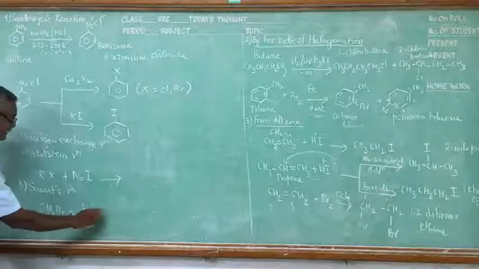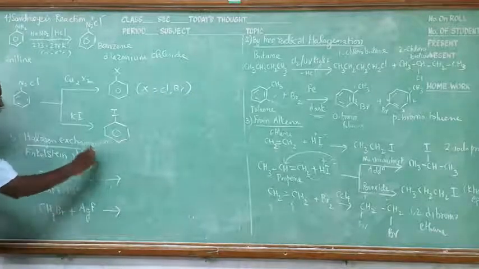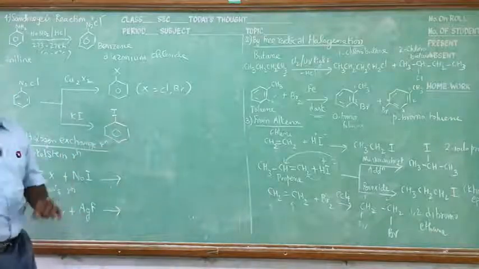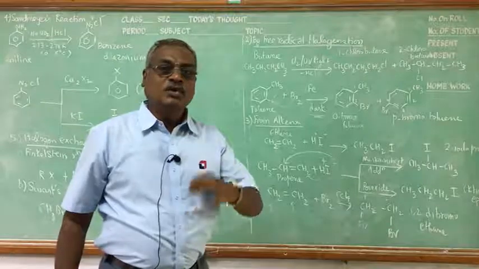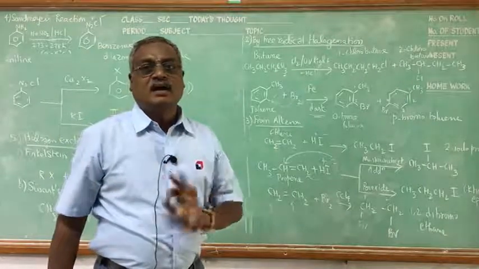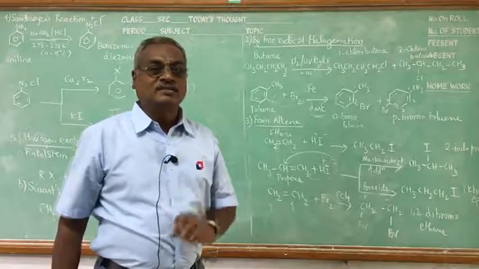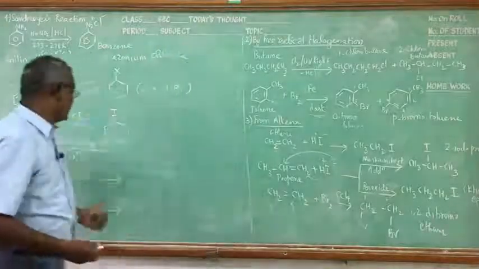Normally alkyl halides, chloro compounds and bromo compounds, are easily prepared, but fluoro and iodo haloalkanes are somewhat difficult. For that the reaction is the halogen exchange method.